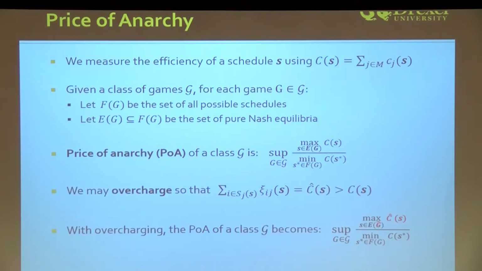And the important thing to emphasize is that we may overcharge. We might take the cost of a machine and raise it artificially, add more cost for incentive reasons, which means that the sum of the cost shares will actually add up to some C hat of S, which can be greater than the actual cost. But, very importantly, otherwise we would be cheating, we're measuring the price of anarchy.